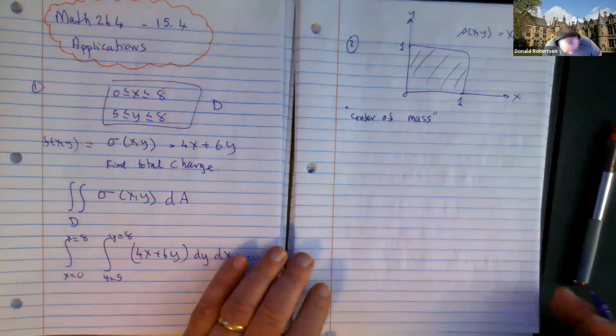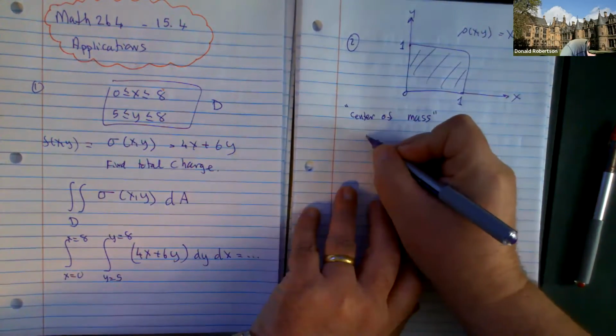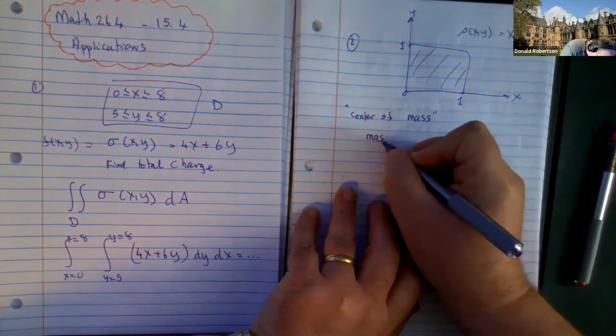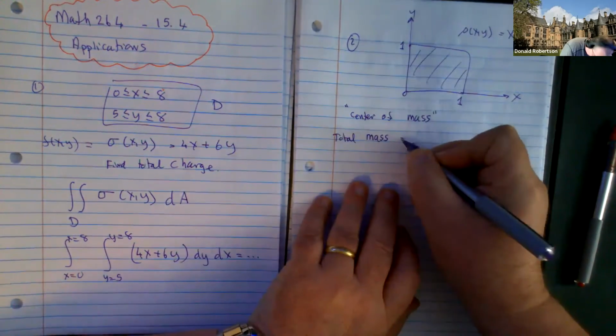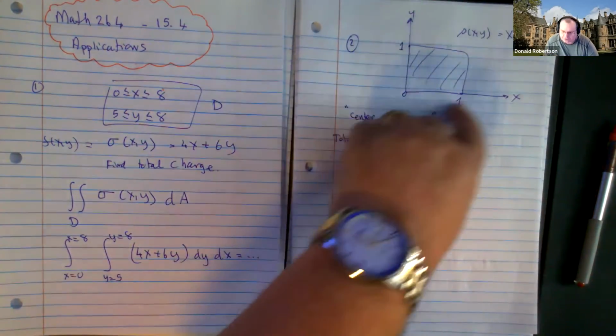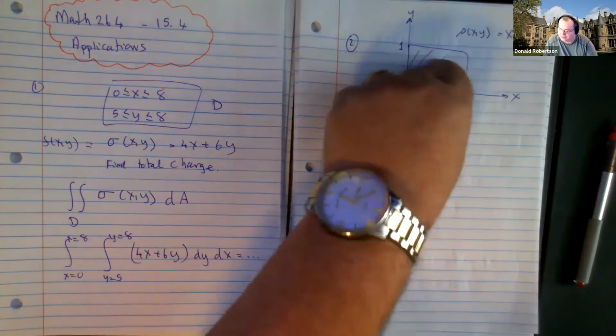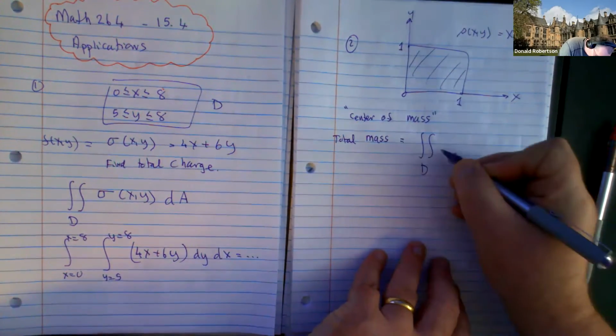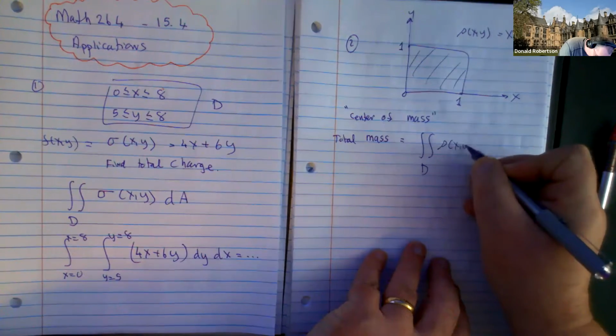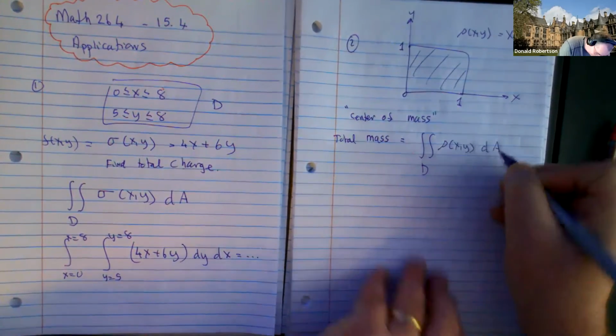But before we do the center of mass, let's find a guy called the mass, or if you want its full title, the total mass. So aren't I basically just going to add up all the different densities here? So it's going to be a double integral of my density function dA.